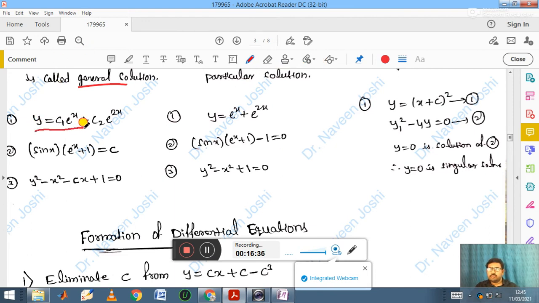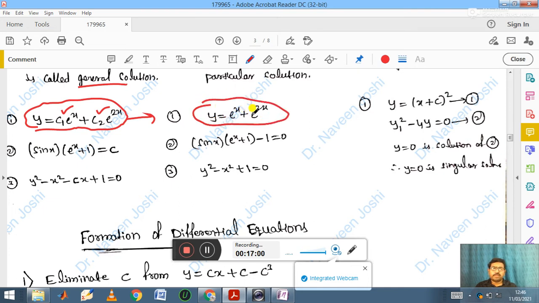First one, y equals c1 e power x plus c2 e power 2x. This is a general solution because it consists of two arbitrary constants c1 and c2. If you find the c1 and c2 values and replace them in the general solution, it acts as a particular solution. A particular solution is free from arbitrary constants, and it is y equals e power x plus e power 2x. Similarly, the second example, sin x into e power x plus 1 equals c.